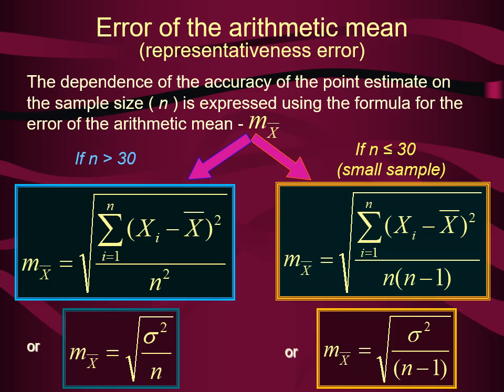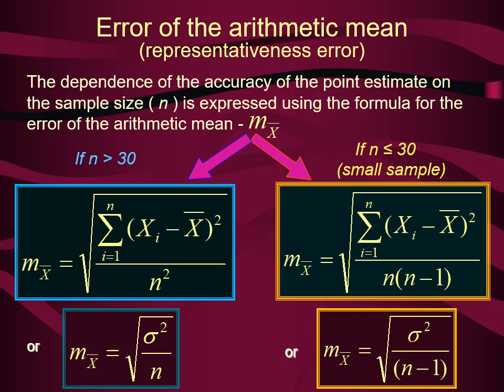Just like the previous formula, the error of the arithmetic mean for a small sample depends on the scatter of values. In other words, the larger these differences are when squared and then summed up, the greater the error of the arithmetic mean will be.